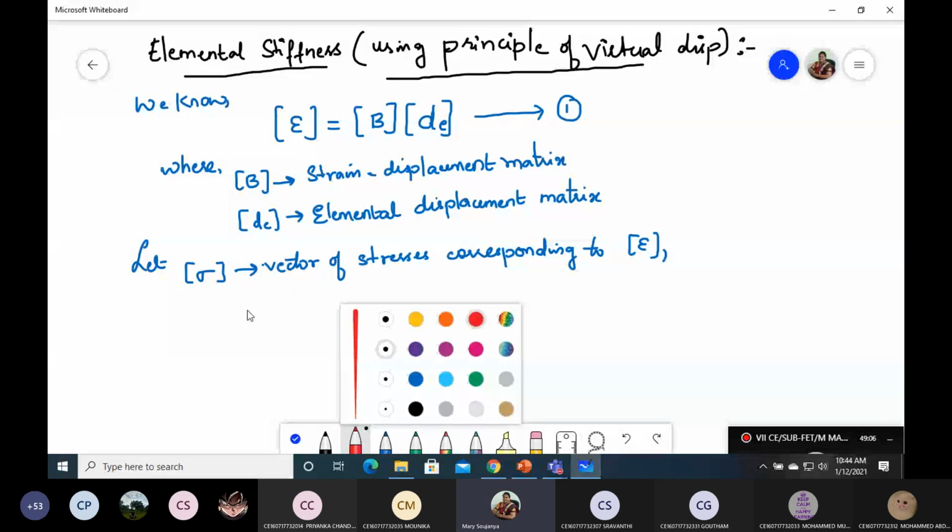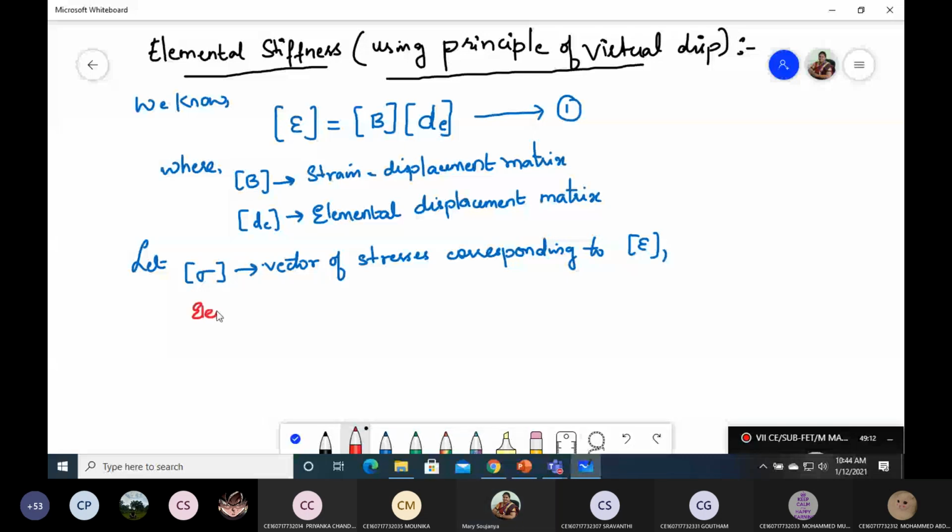So the elemental stresses can be expressed as, write down, elemental stresses can be expressed as, how are stress and strain related when it comes to matrix form?